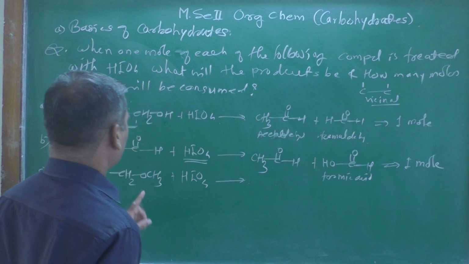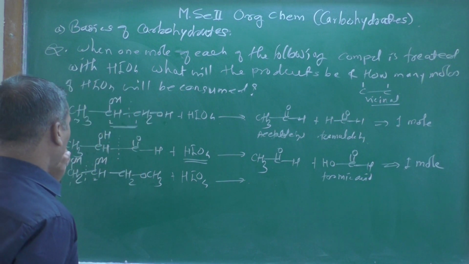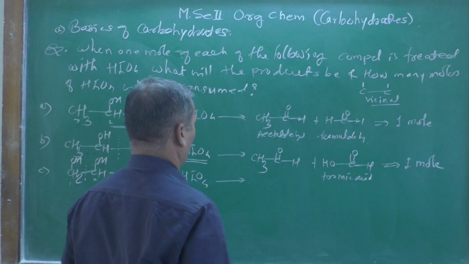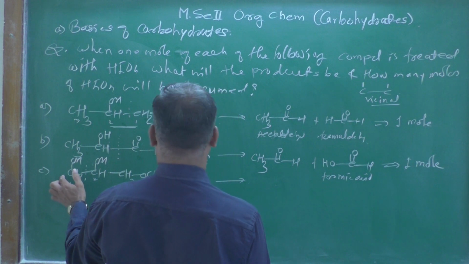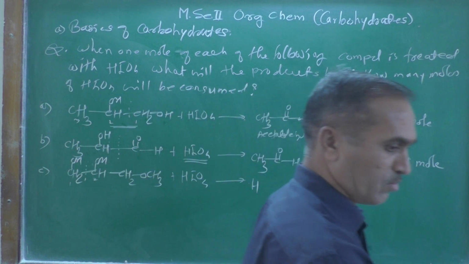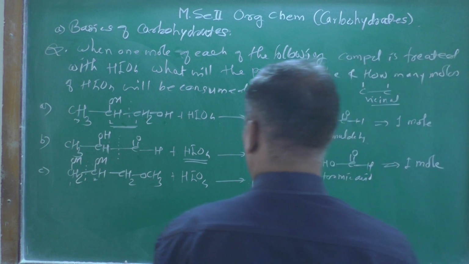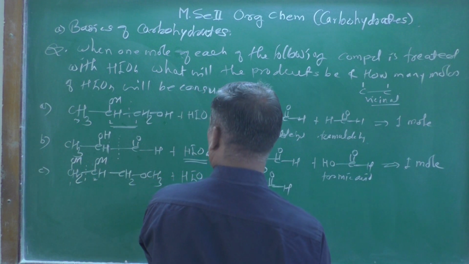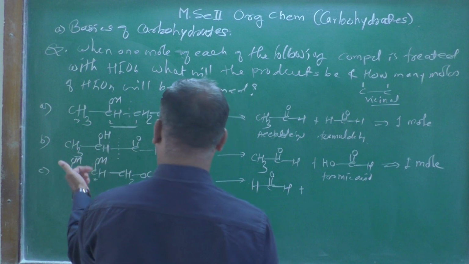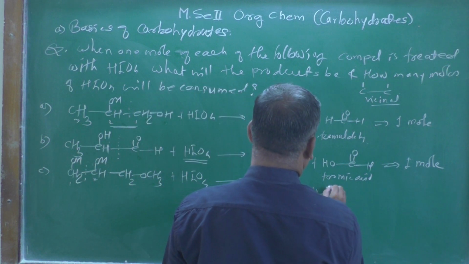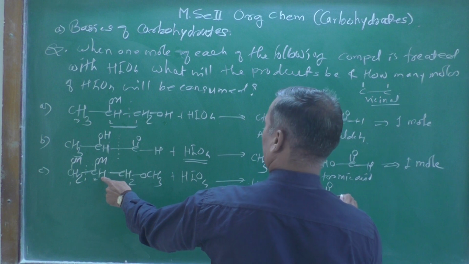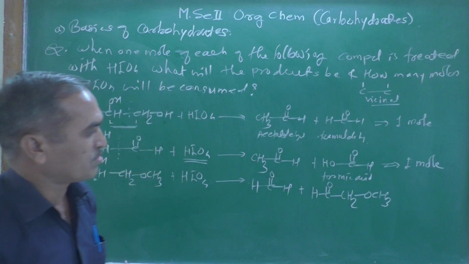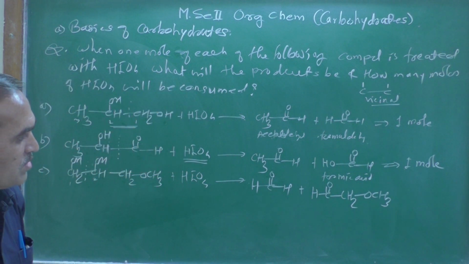It will cleave the bond between the adjacent hydroxyl groups of the 1,2-diol, and the resulting compound is HC double bond OH, that is formaldehyde, and on another terminal HC double bond O, then the remaining CH2O CH3.